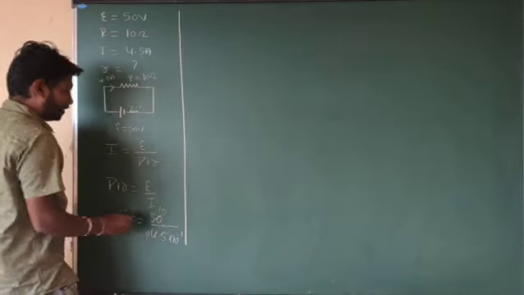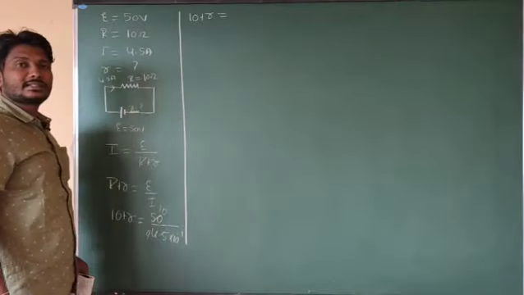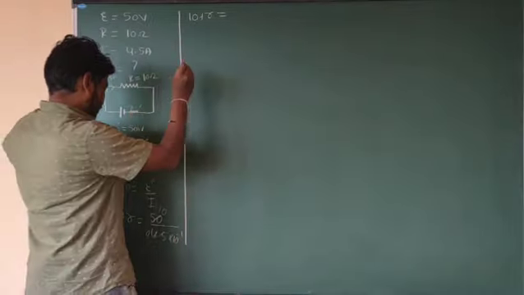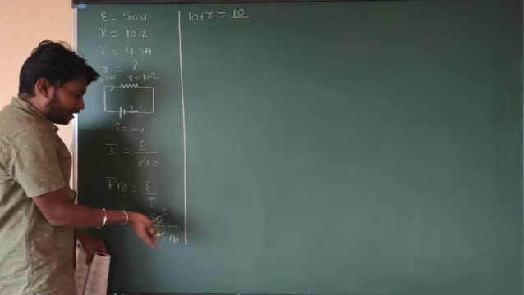Simplify that: 10 plus r, where small r represents the internal resistance of the cell, is equal to 50 divided by 45 into 10 to the power of minus 1.